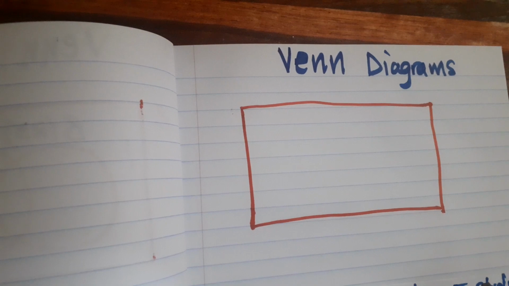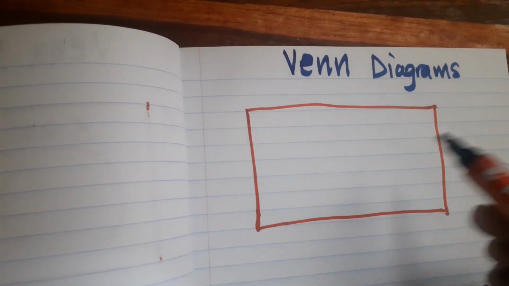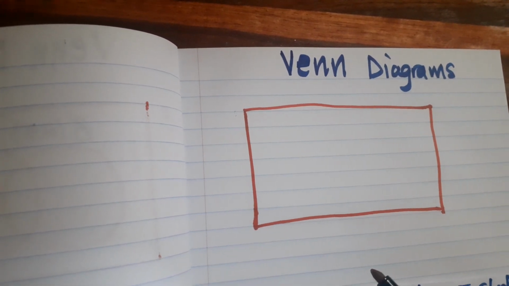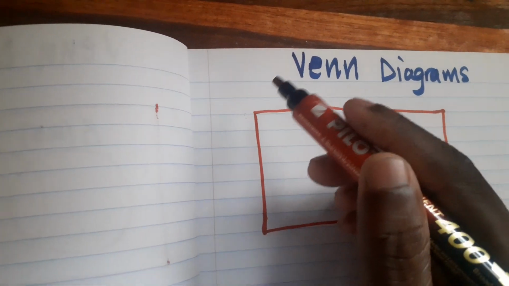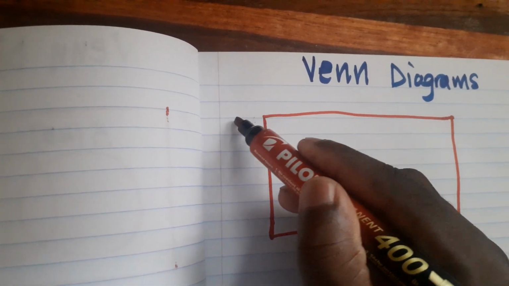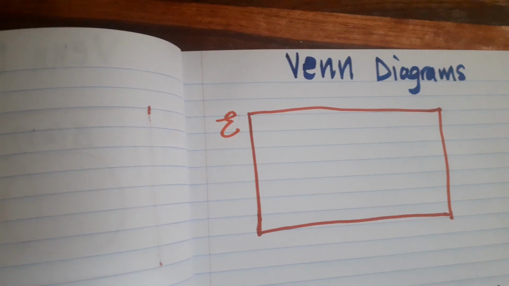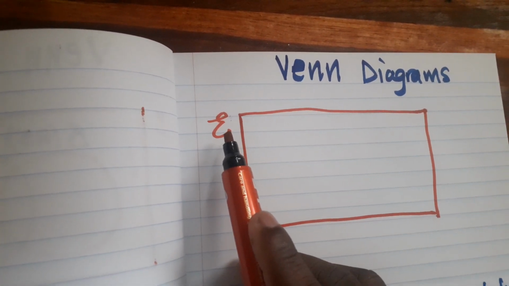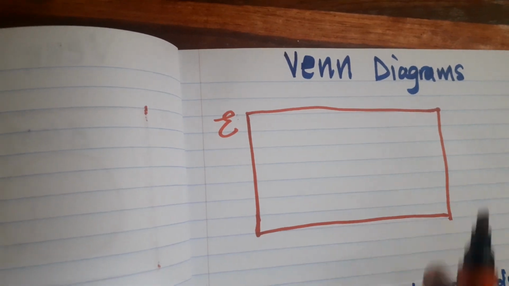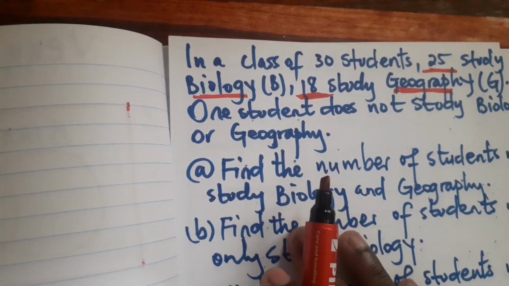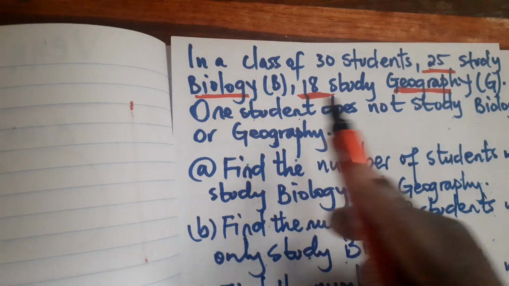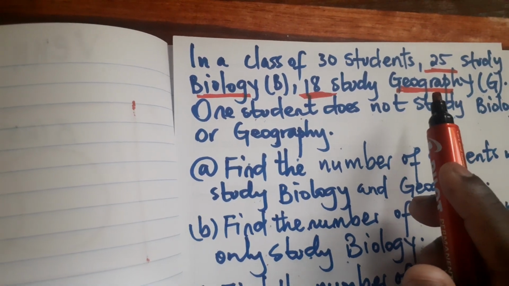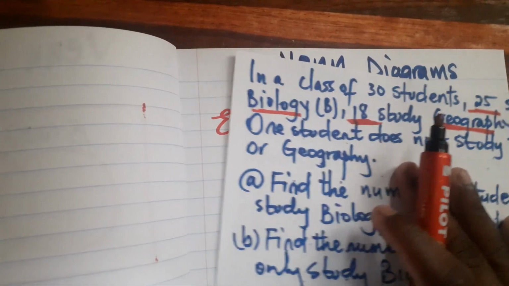And then we have to represent the universal set. Now we have to write the epsilon symbol here. That represents the universal set. And then because we have two subjects, biology and geography, those are the subsets of the Venn diagram.